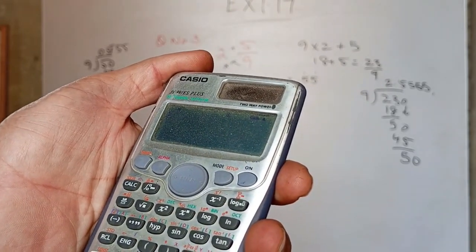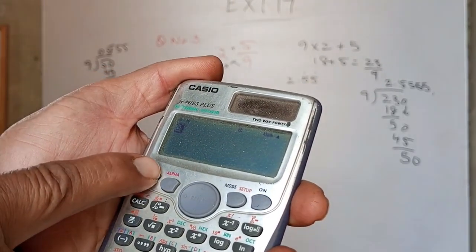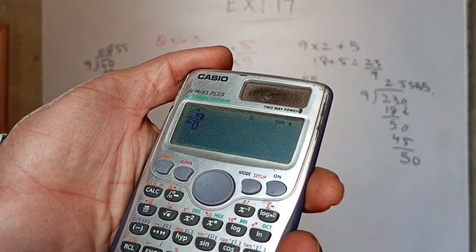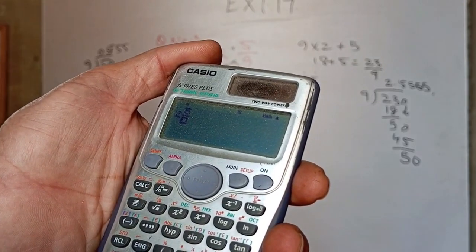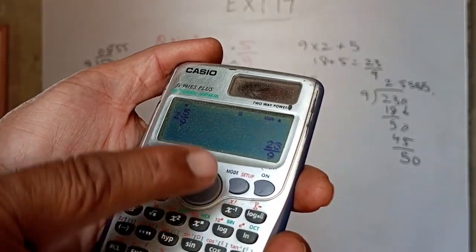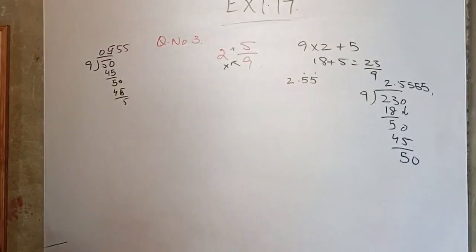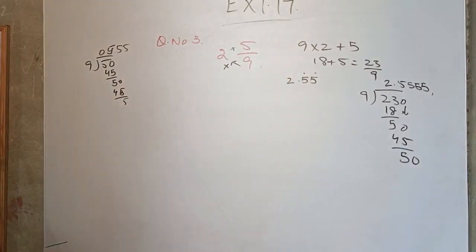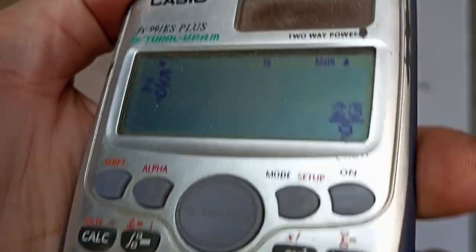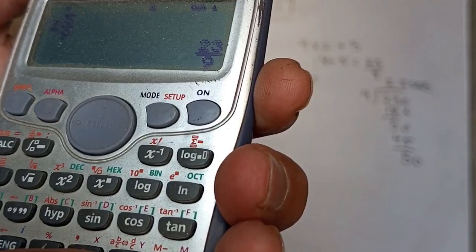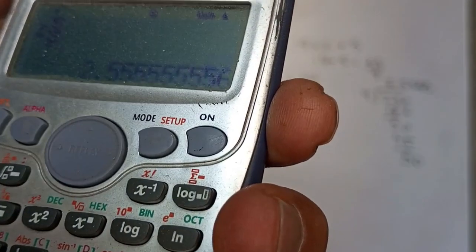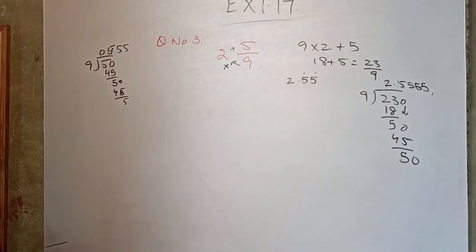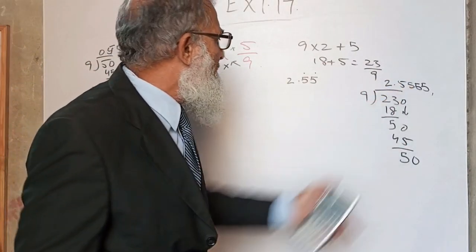You just write 2 over here, then shift and this sign over here, write 5, bring the cursor down, write a 9, and you see 23 upon 9. So it has become 23 upon 9. You can just press this button, and it becomes 2.55555555. So this answer has come.